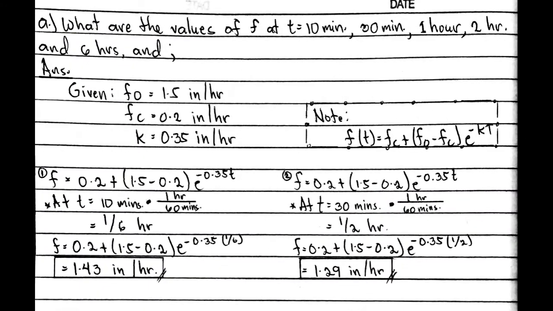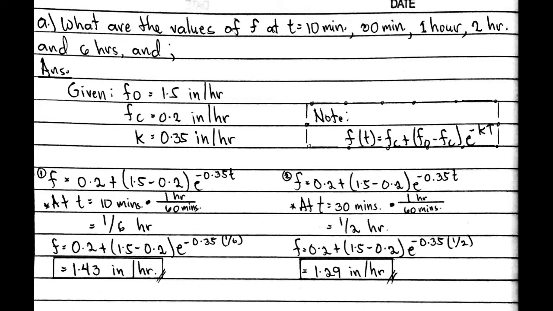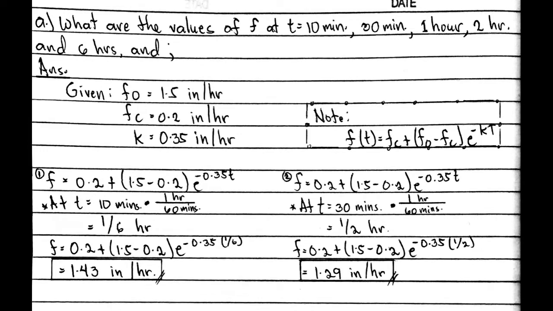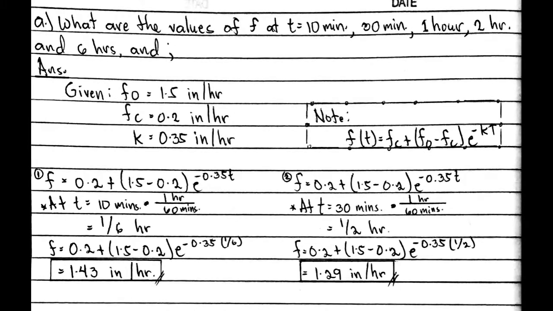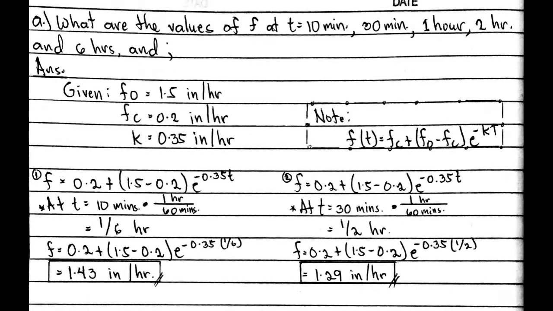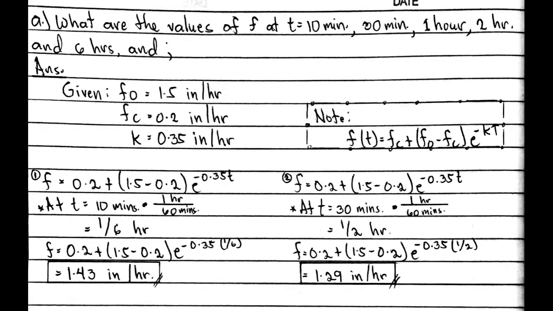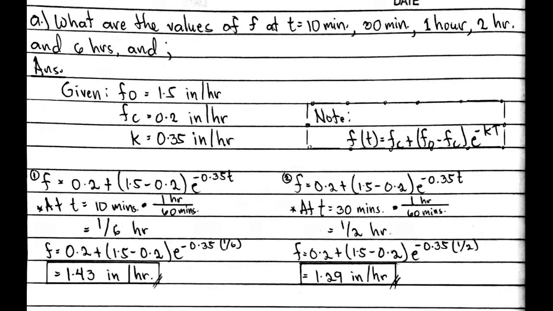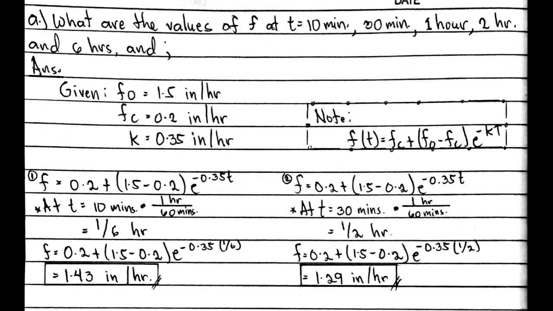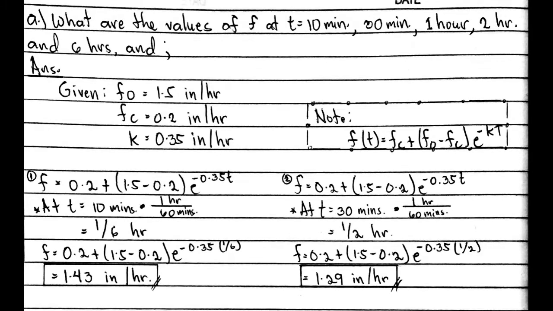So, what are the values of F at T is equals to 10 minutes, 30 minutes, 1 hour, 2 hours, and the 6 hours. So, may given na dito yung F sub O, F sub C, and yung K. Pagkatapos nito, i-apply lang natin lahat ng mga given sa formula ng Horton's equation.